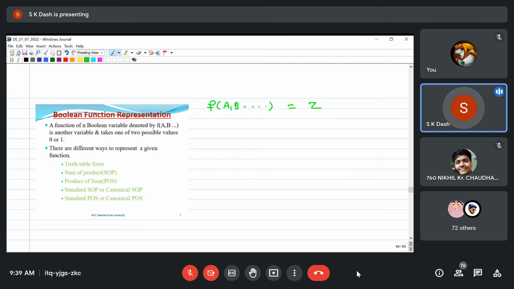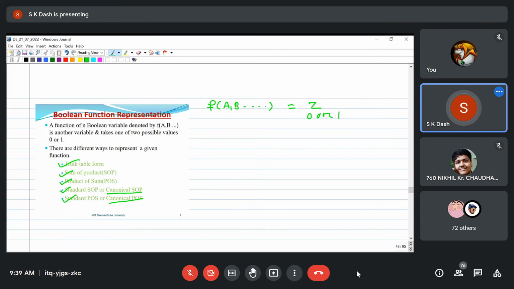Any Boolean function can take only two values, either z is 0 or 1. Only two possibilities are there. So these Boolean functions we can represent in many ways, like truth table form, sum of product, product of sum, standard sum of product, standard product of sum. The standard sum of product is also called canonical SOP, and the standard product of sum is called canonical product of sum.